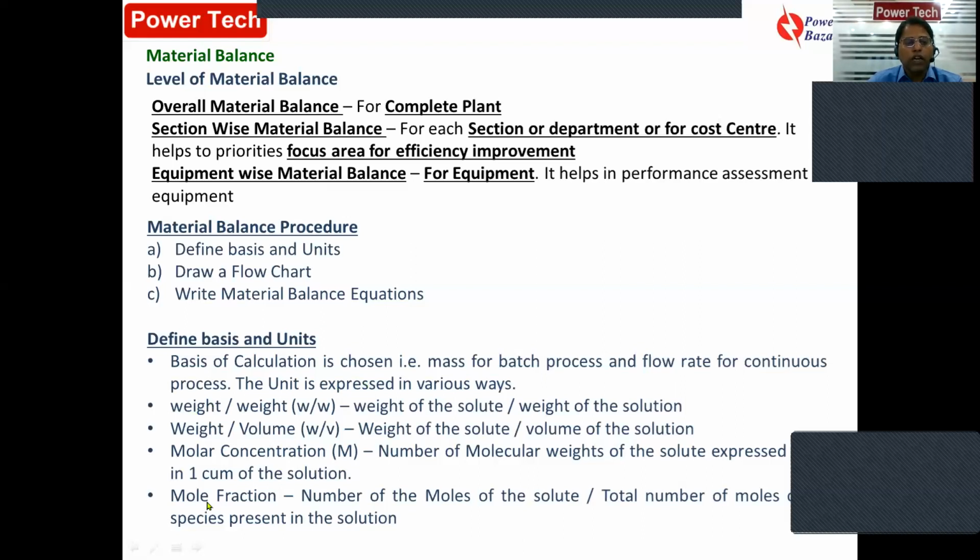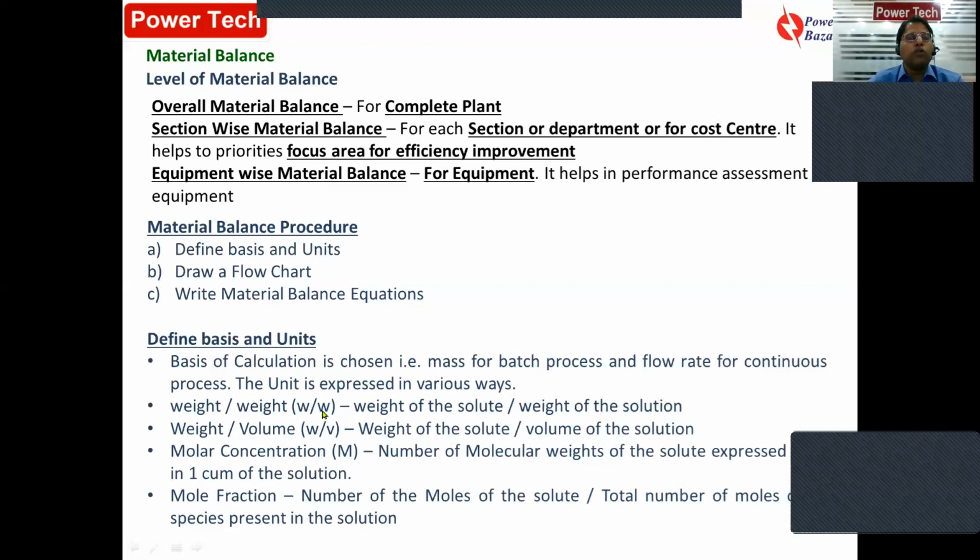These are very important. One unit is weight versus weight, W by W, which is the weight of the solute divided by the weight of the solution.